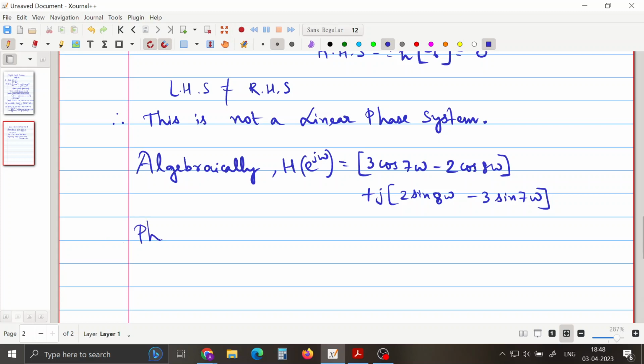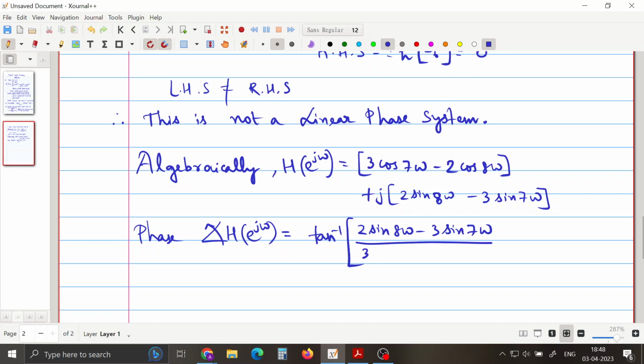Now the phase of this frequency response is given by tan inverse of the imaginary part divided by the real part. So what is it? 2 sine 8 omega minus 3 sine 7 omega divided by 3 cos 7 omega minus 2 cos 8 omega, right?